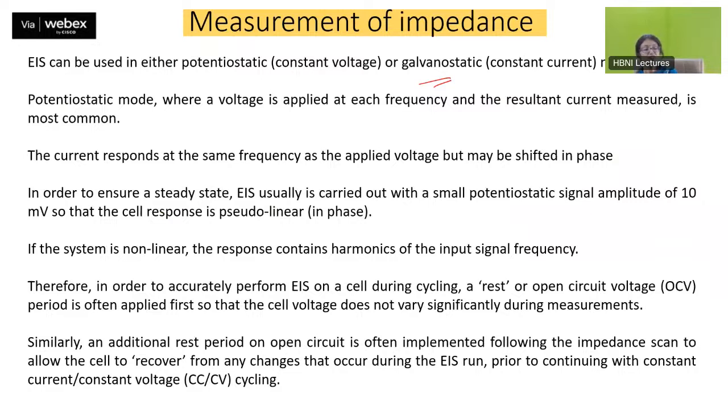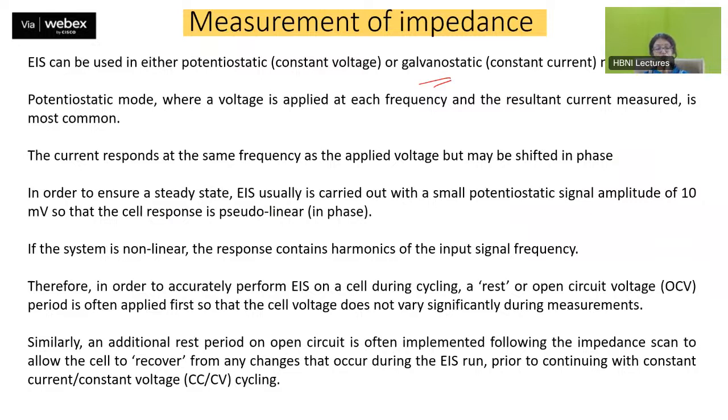If a system is nonlinear, the response contains harmonics of the input signal frequency. So in order to accurately perform EIS on a cell during cycling, you have to give a rest phase or an open circuit voltage period so that the cell voltage will not vary significantly during your measurements. That is very important, so you are having a constant voltage.